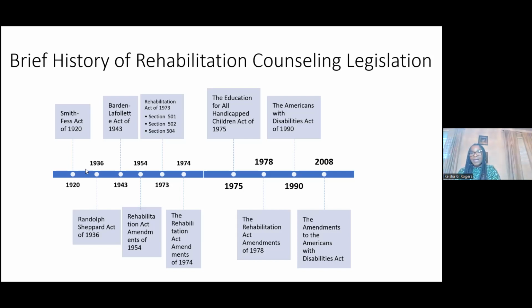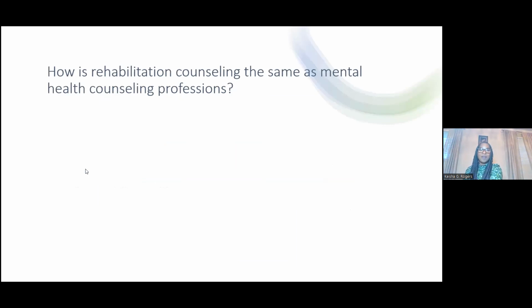And then, the ADA of 1990 is a civil rights law that prohibits discrimination based on disability. So again, rehab counseling has the distinction of being the only counseling specialty that has been legislated into existence. That's pretty dope, right? All right.